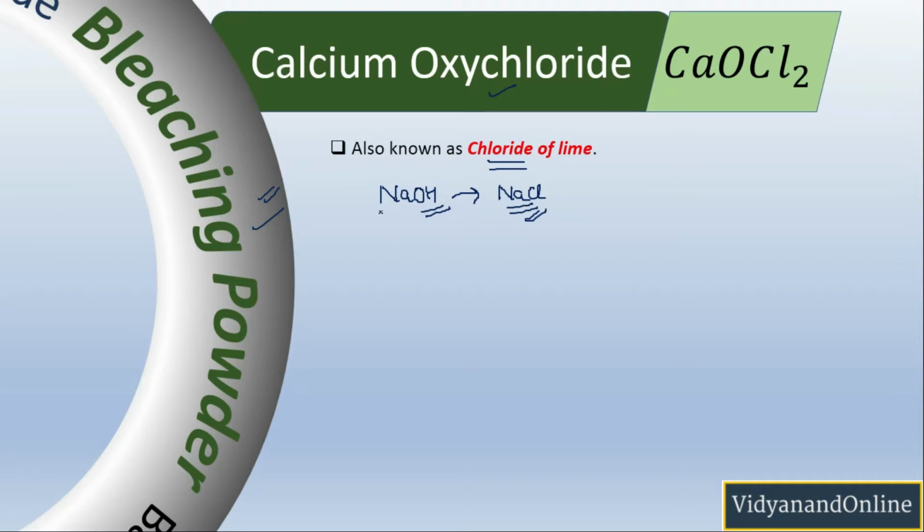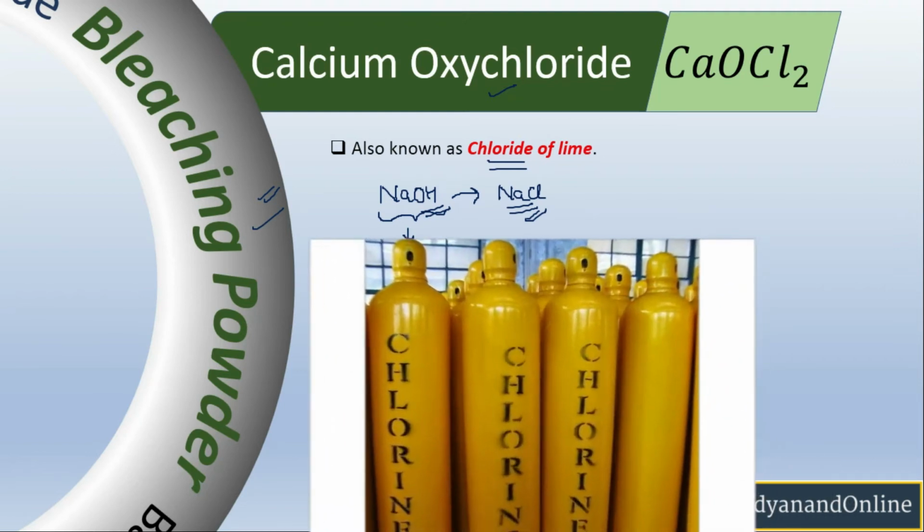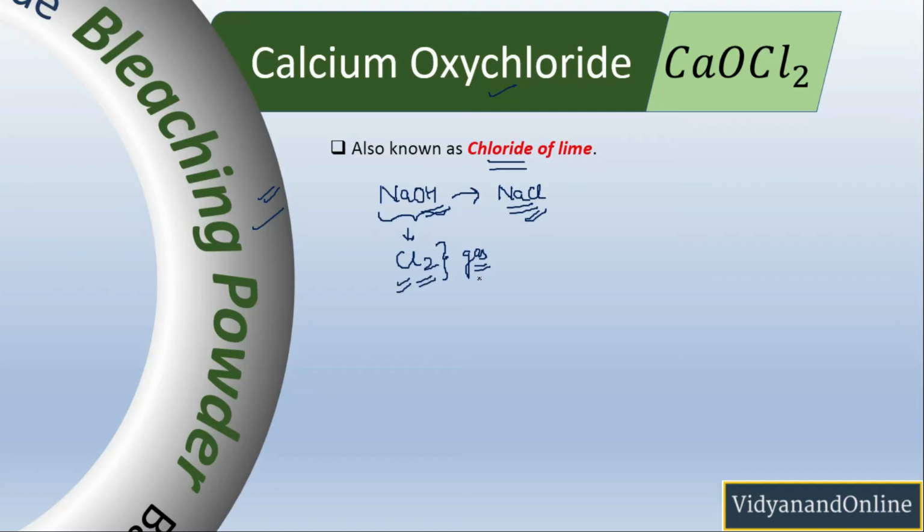When we prepared sodium hydroxide, we found that chlorine was produced as the byproduct. Chlorine is a gas, and it is very difficult to store a gas and then utilize it. In order to solve this problem, we have bleaching powder. So bleaching powder is actually an arrangement to store chlorine.